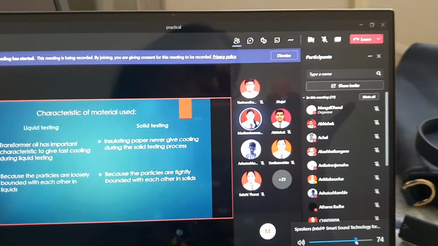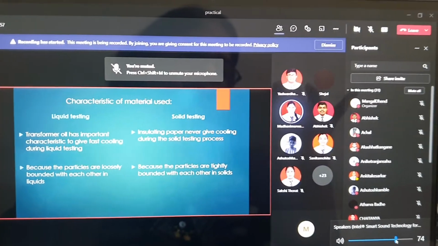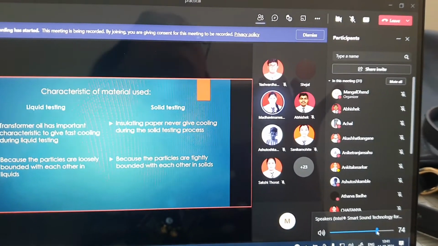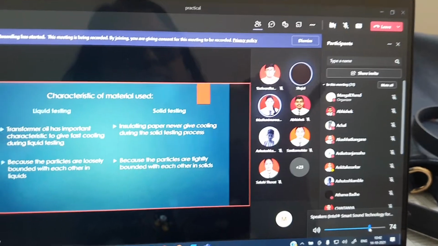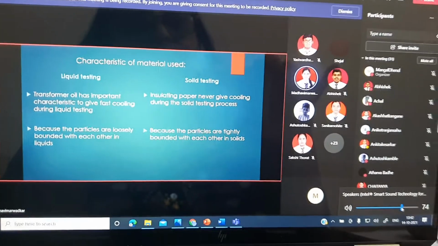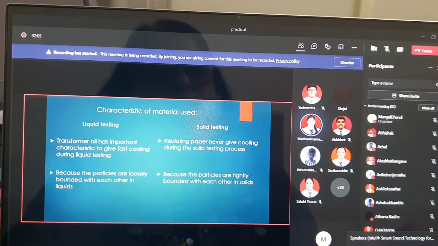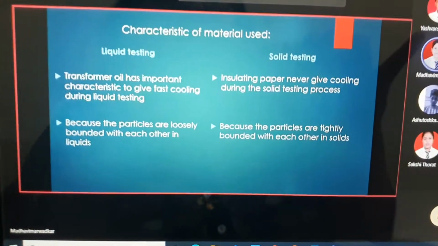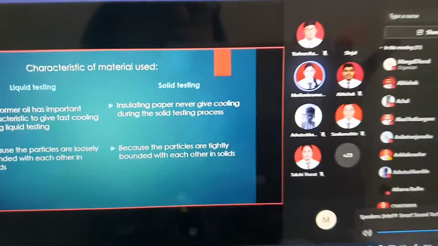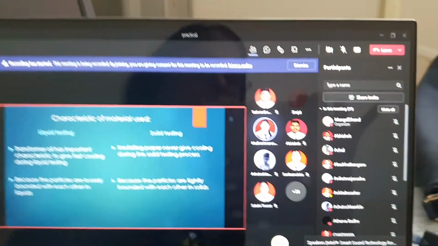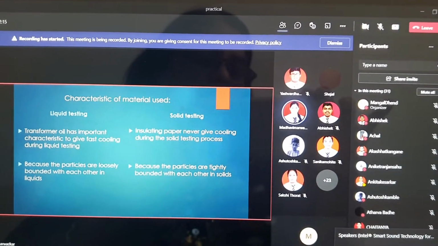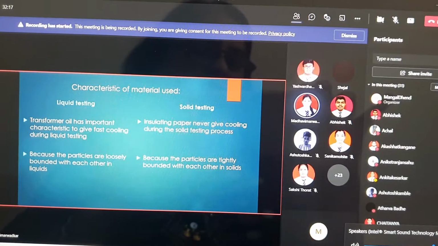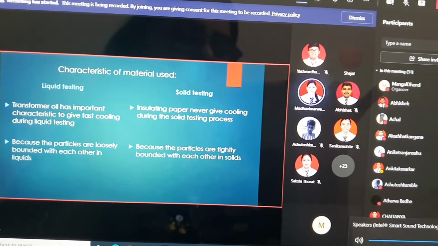The next is the characteristic of material used in the processes. So in liquid testing, the transformer oil has the important characteristic of giving fast cooling during the liquid testing process, because the particles are loosely bound with each other in liquids.